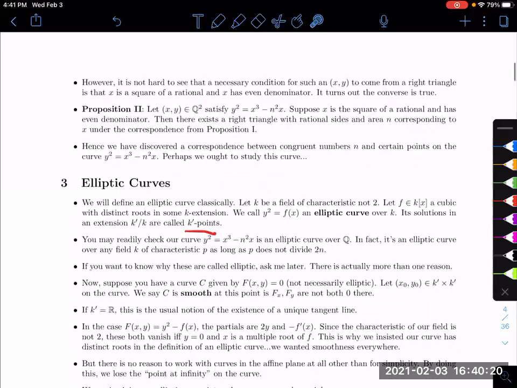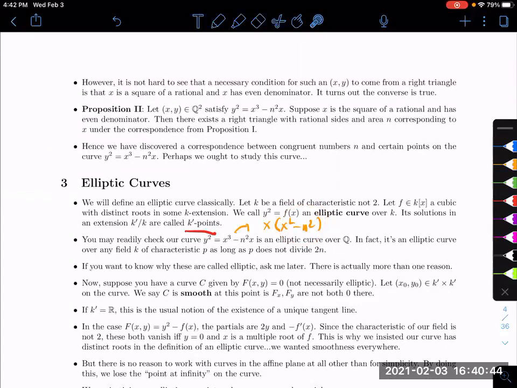You can readily check according to our definition here. Well, there's nothing to check, right? This is an elliptic curve because it has 3 distinct roots over the rationals. Namely, you can just factor an x out, and then you have a difference of squares that has two different roots, plus or minus n.